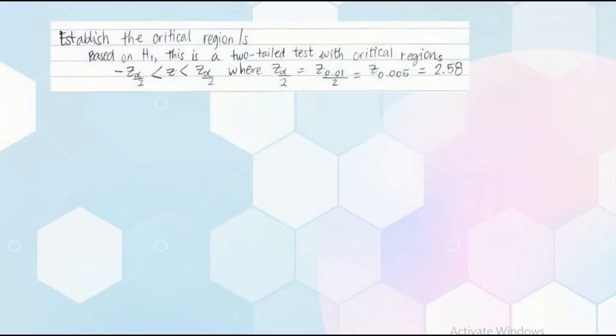Establish the critical region or regions. Based on the alternative hypothesis, this is a two-tailed test with critical regions negative z alpha over 2 is less than z is less than z alpha over 2, where z alpha over 2 is equal to z 0.01 over 2, which is equal to z 0.005, which is equal to 2.58.